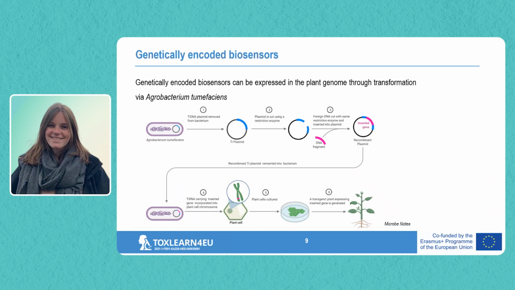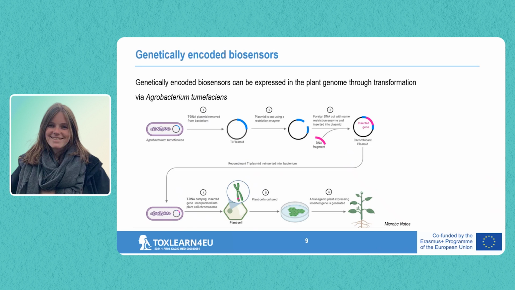What's special about this type of bacteria is that it can induce crown gall disease in plants. It's a type of disease which forms some sort of tumors. And this bacterium is able to do this because it contains in its genome a plasmid, a part of circular DNA, which is called the TI plasmid.